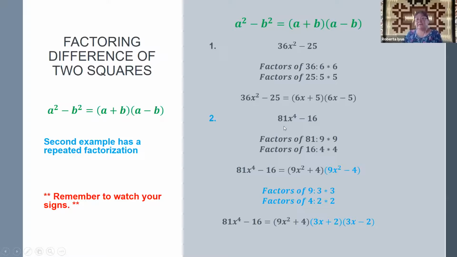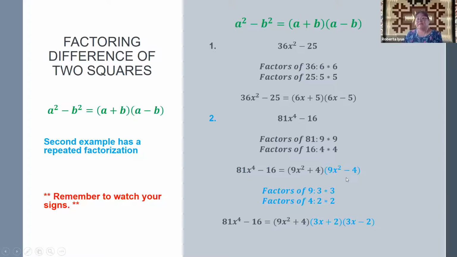My second example is 81x to the fourth minus 16. I did the same with the factors of 81 and 16. So 81x to the fourth minus 16 is 9x squared plus 4 times 9x squared minus 4.